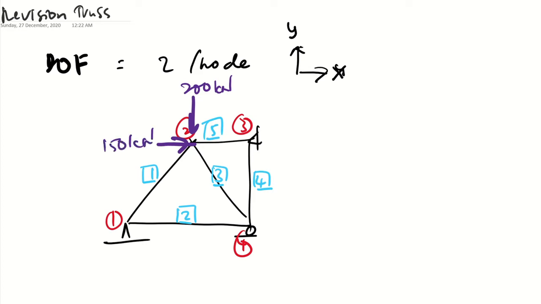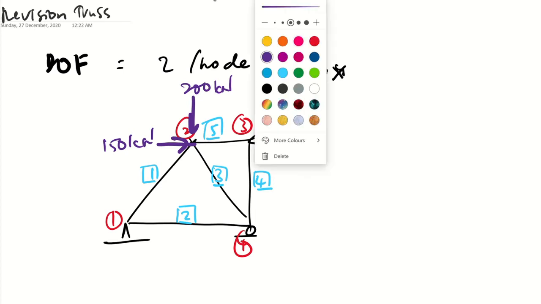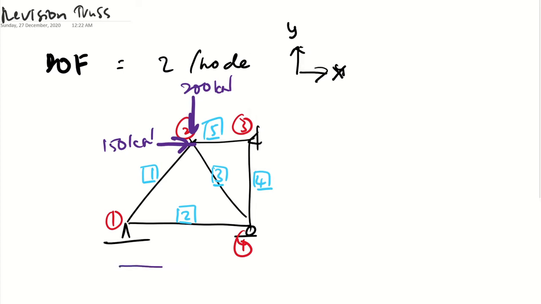The distance from 1 to 4 is like this and this. This is about 3 meter, as well as this one is 5 meter.